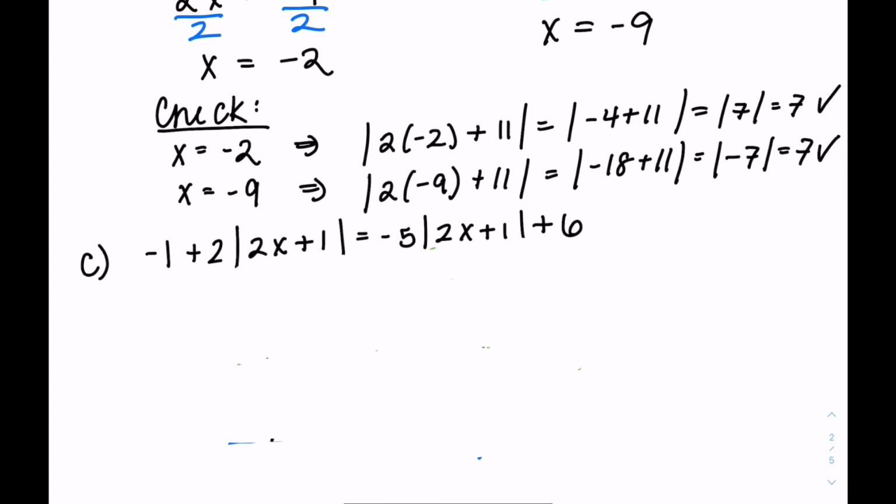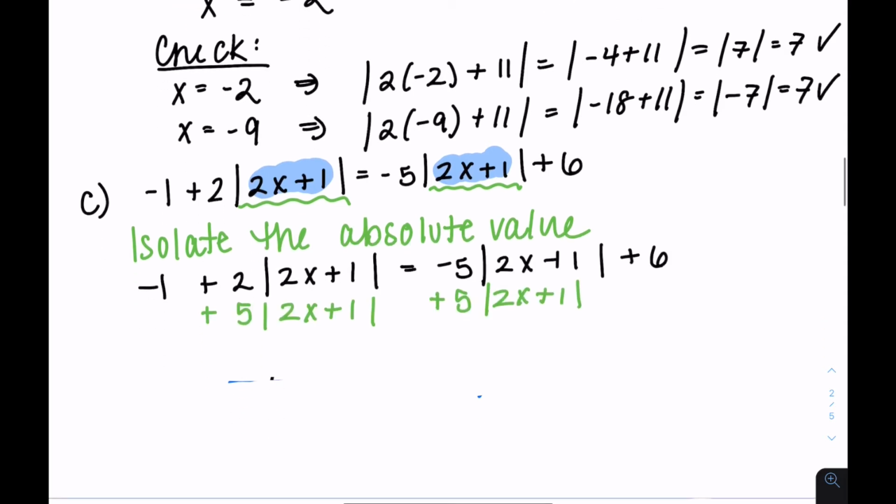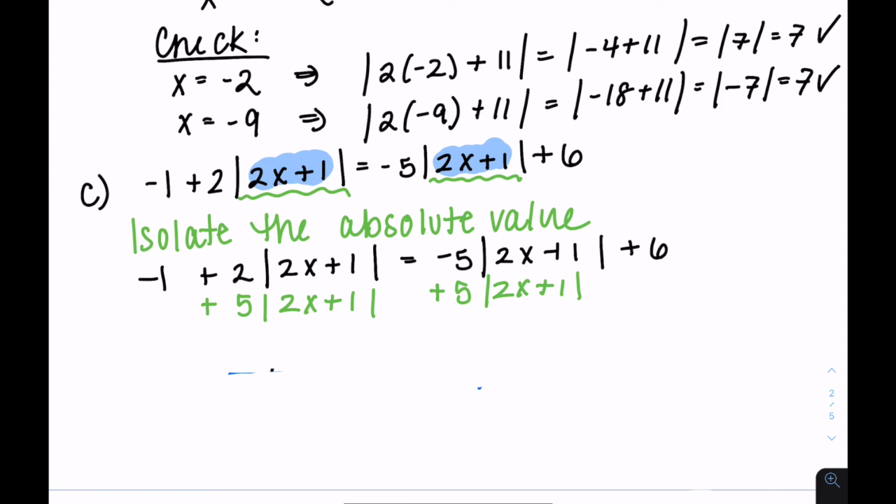In this next one, I've got absolute values on both sides, so I've got to do some work. But if you notice, what's inside the absolute value is exactly the same. So let's go ahead and isolate that absolute value. So we want to add the 5 absolute value of 2x plus 1 to the other side. And then we're going to also add 1 to both sides. So we'll get 7 of the absolute values, and then that's going to equal 7.